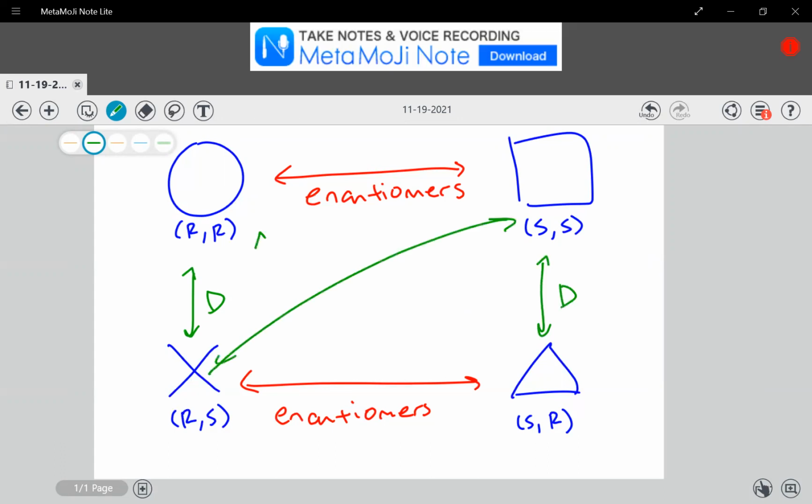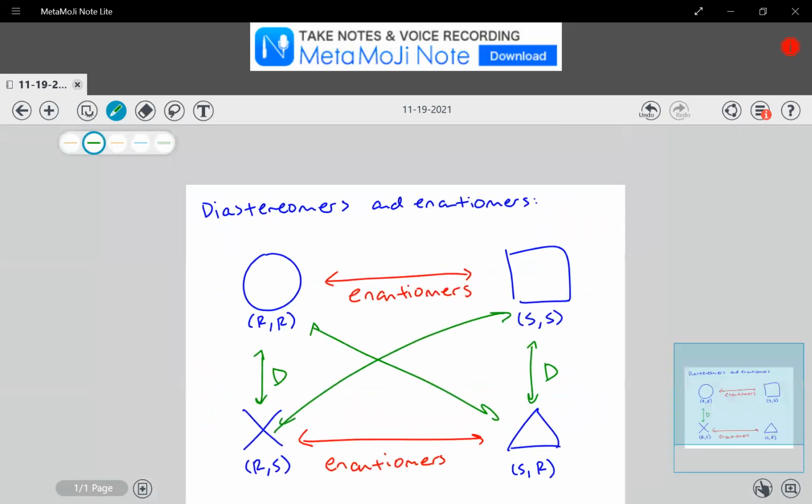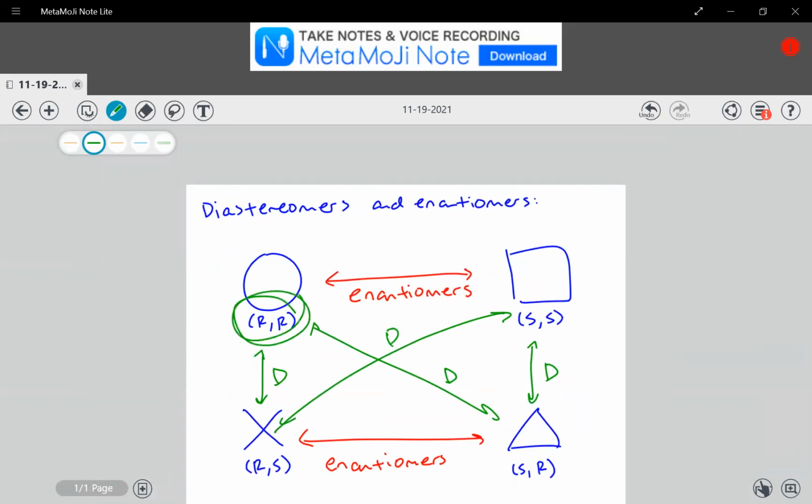They will also be diastereomers. So opposite stereochemistry, these two, enantiomers. One is the same and the other is opposite, like these two, diastereomers.